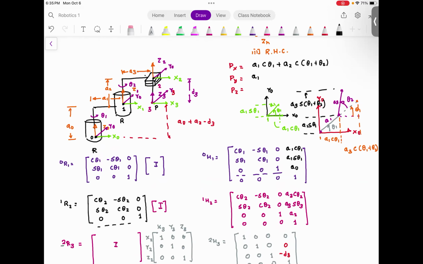Py is A1 sine theta 1 plus A3 sine of theta 1 plus theta 2. And Pz, in a different color, is A0 plus A2 minus D3. Oh, yeah, A3, sorry. Correct. You agree with me?